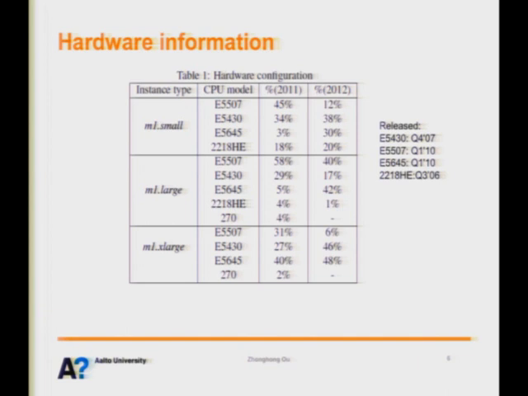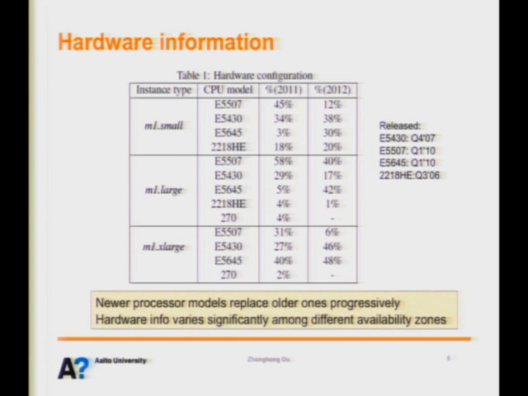So this is the fact of the current public cloud platforms: they use different hardware to support the instances and services. What you can tell from this table is that the newer processor models are progressively replacing the older ones, as you can see from this year, 2012.